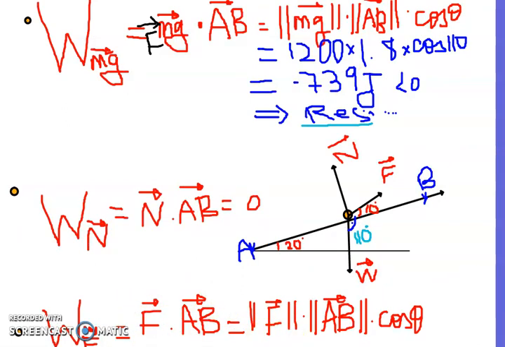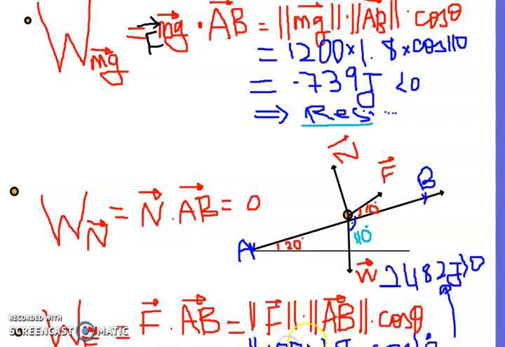So F is given 1400, right? F is 1400 times 1.8 times cosine 10 degrees. The answer is 2482 joules, and this is positive. So it is motive work. So the work done by F is motive.